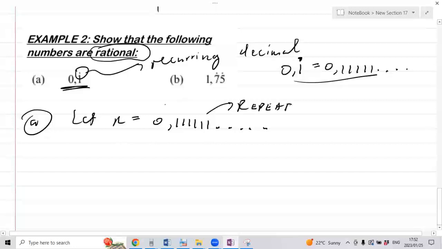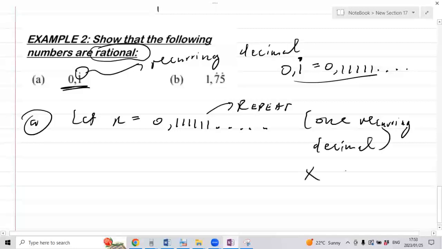Then, because you've got one recurring decimal, you're going to multiply by 10. So for one recurring decimal, you multiply by 10.